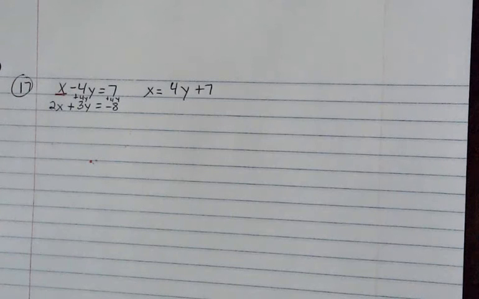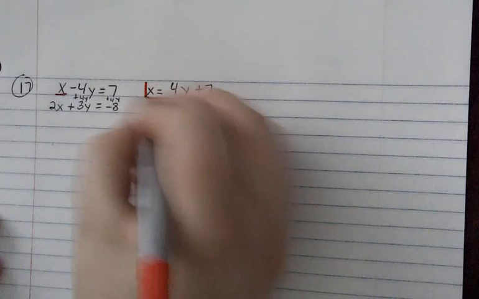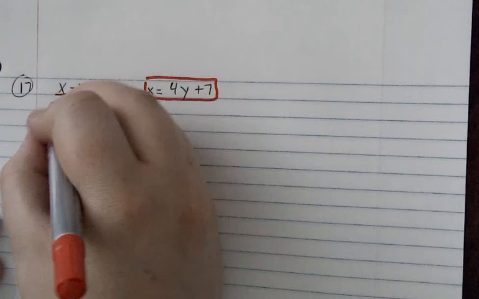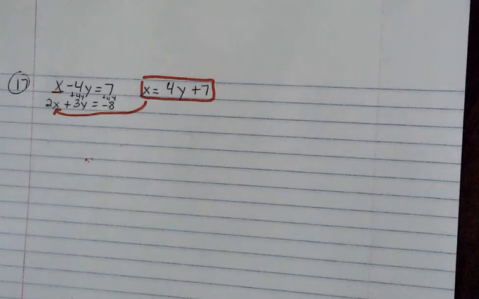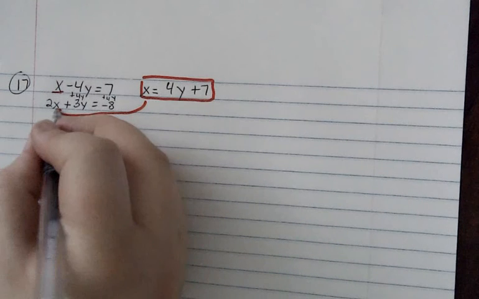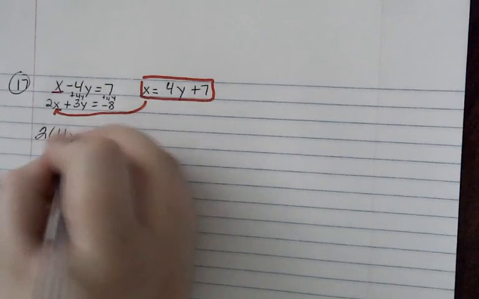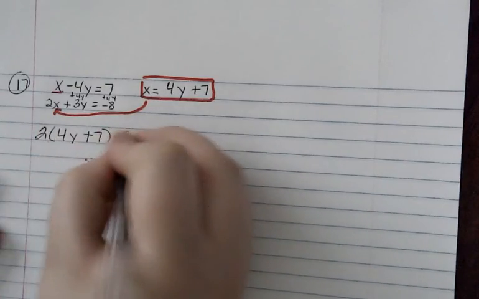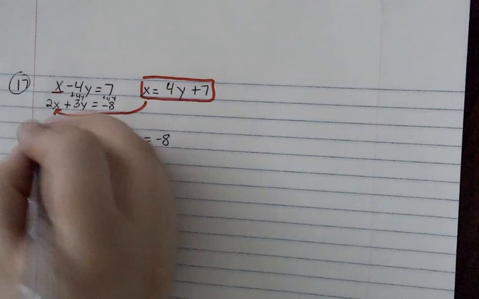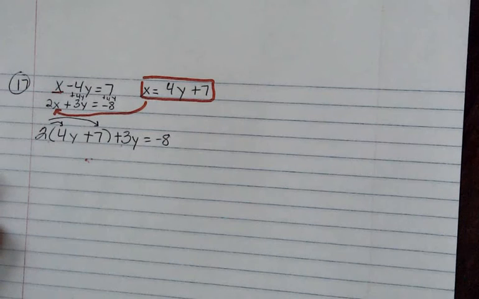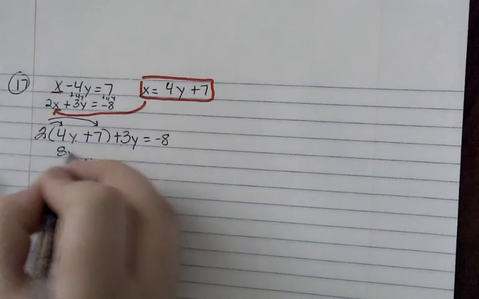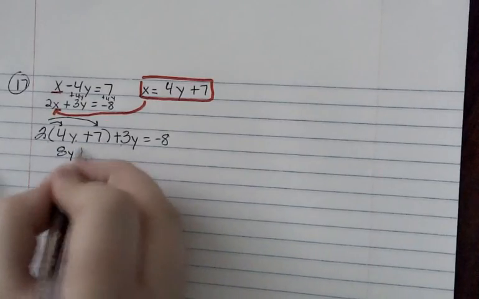So now I'm going to plug that 4y plus 7 into the x value of the other equation, which gives me 2, and instead of writing x, I'm going to write 4y plus 7. Plus 3y equals negative 8. Now I'm going to distribute that 2 into each term in my set of parentheses. So 2 times 4y is 8y. 2 times 7 is 14.